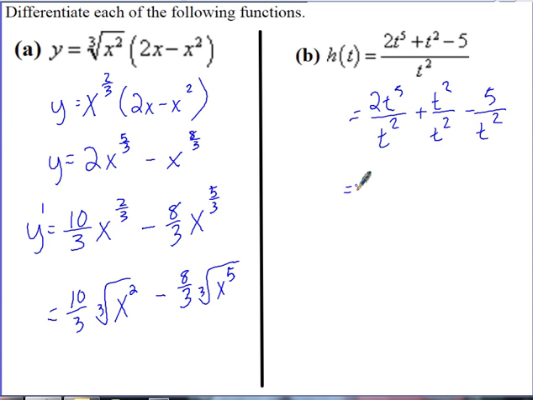Because look, if I have 2t to the 5th over t squared, what do I know is going to happen here? You're going to subtract the exponents, or essentially 2 of the t's are going to cancel. They're going to go away. So this is really going to become what? 2t to the 3rd power. And then what actually happens here?